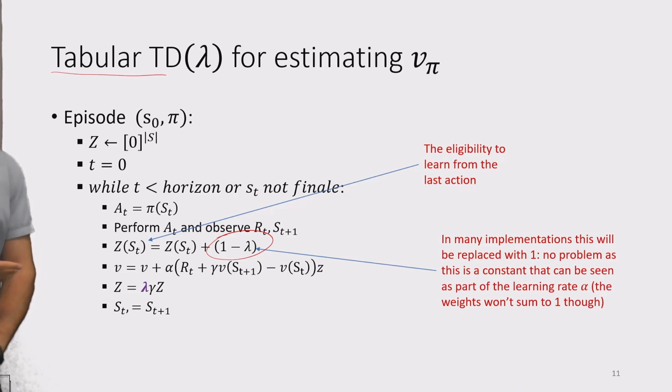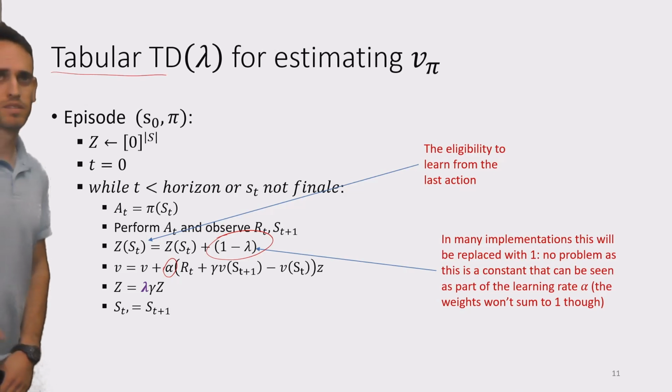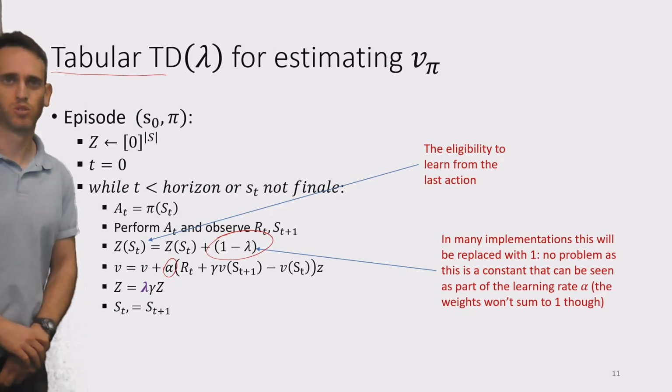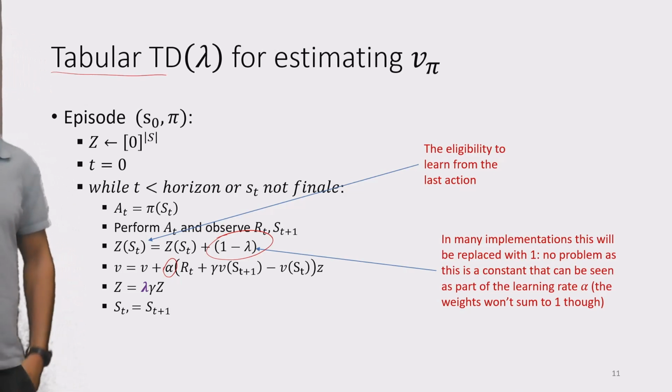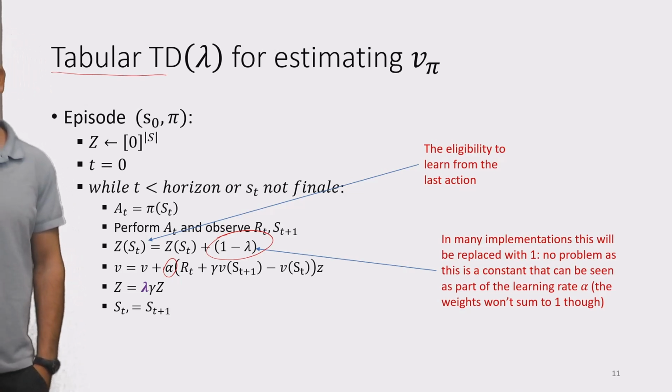And this is not a problem, as this is a constant that can be seen as part of the learning rate, alpha, later on. It can be accumulated in the alpha. But the weights won't sum to 1 in those cases. But again, this is usually fine, and you'll see that in many implementations.